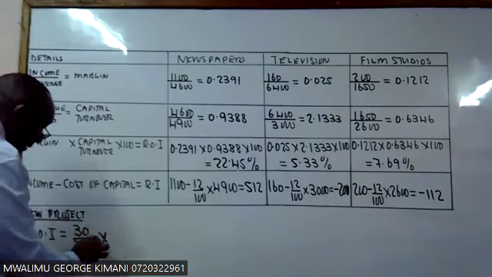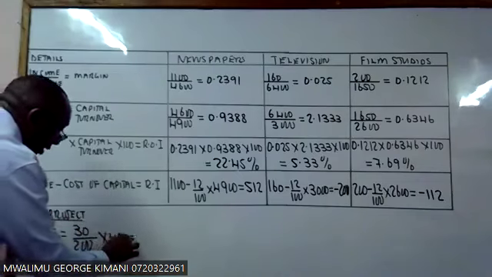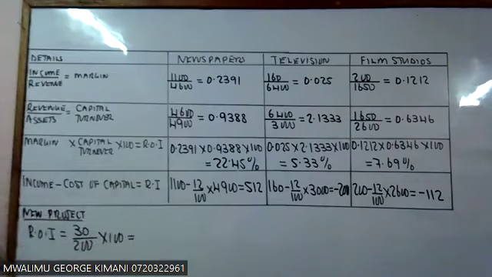So if you multiply by 100, you are able to see what is the return on investment. That's 15%.